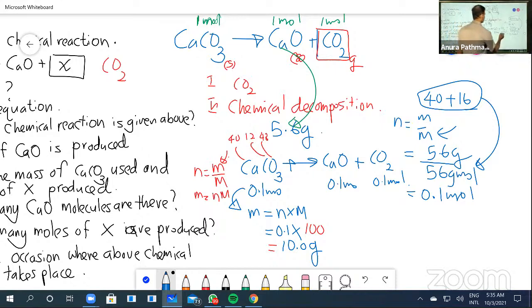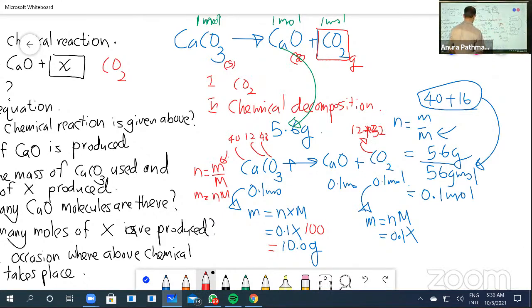Same way, find out the mass of carbon dioxide produced. Again the same way, n equals m over M, so m equals n times capital M. n is 0.1 and capital M is 44, which is 12 plus 32 giving 44.